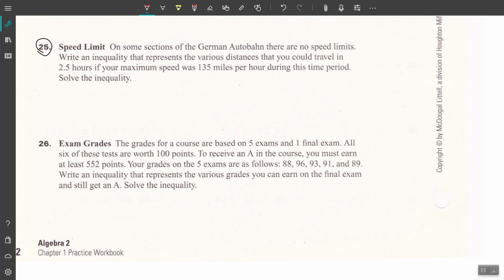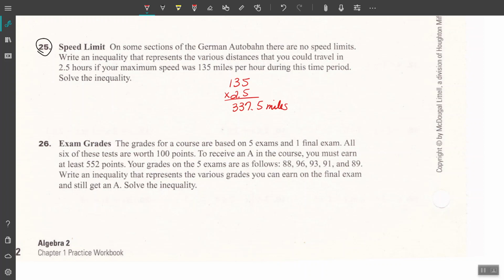If we figure out, first of all, how far we could travel if we travel 135 miles per hour for 2.5 hours, let's say we never let off the gas, and for 2.5 hours we travel at that exact same speed, you multiply those together and you're going to get 337.5 miles traveled. So that is the absolute maximum that we could cover, the max distance.